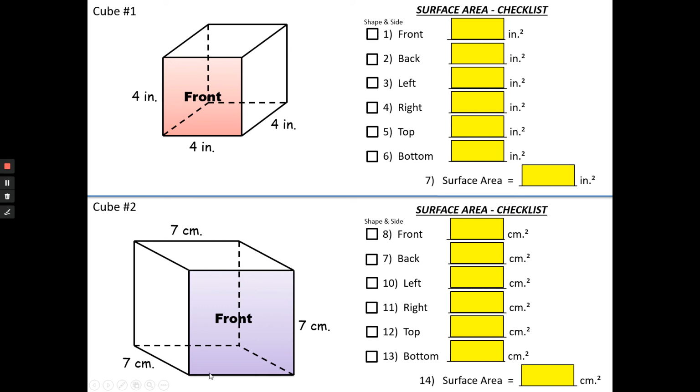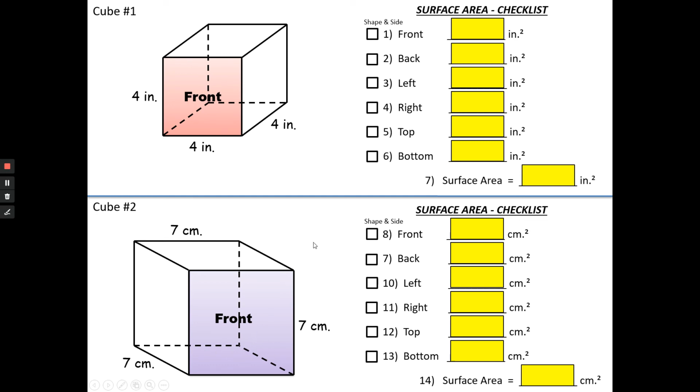This one right here is the front side. This side right here would be the back, making this one over here the left side, and this side mostly covered by that highlighted front is going to be the right side. And then you got your top up here and your bottom down here.